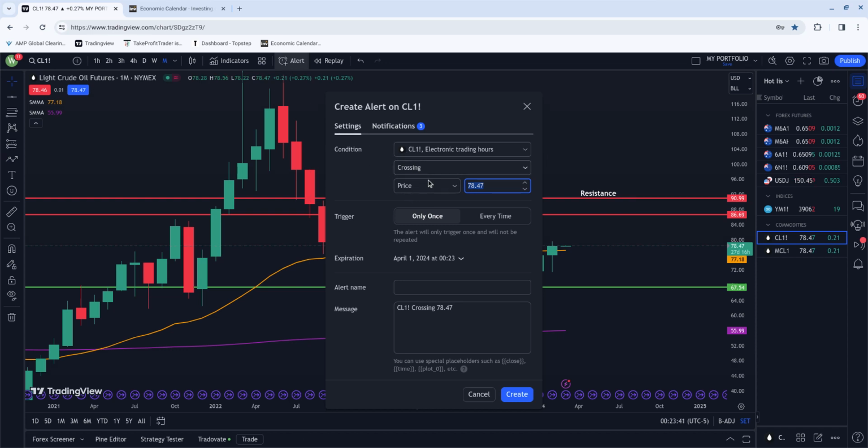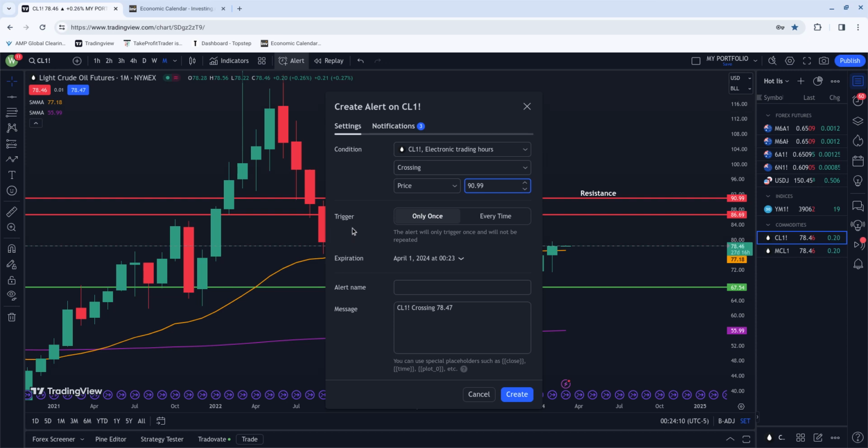You can keep the reason for the alert, crossing, the same. Change the number to where you want to be notified when the market gets to the area. We're going to do 90. We look to the right, the red number all the way at the top is 90.99. This is us getting technical with the trade so we can make the best entries for when it happens, because it's going to happen. You just got to be ready for it.